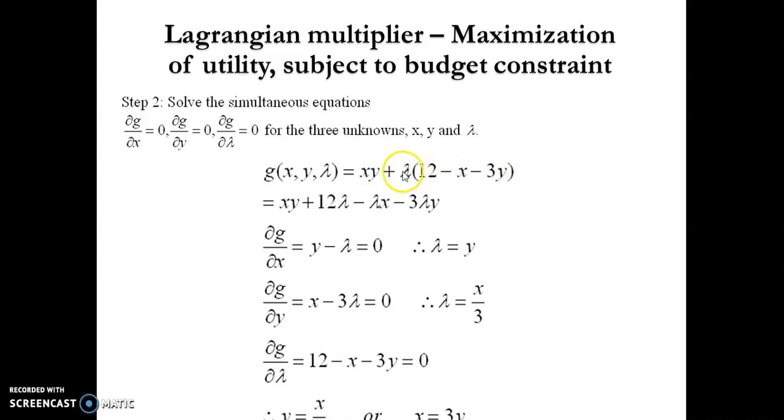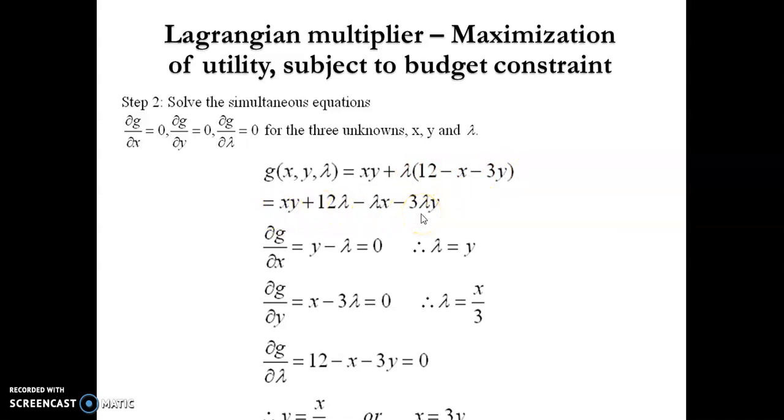Of course you can just multiply out, so that's going to become plus 12 lambda, a negative times a positive gives you minus lambda x, and negative times a positive is going to give you minus 3 lambda y, right? So there is your new function.